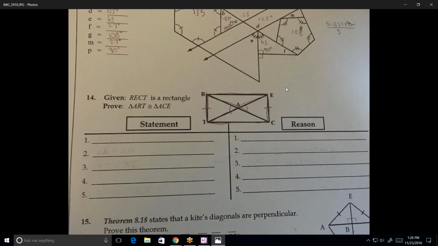Once you know that, then TA is equal to AE, and RA is equal to AC. So right there you have your side, angle, side. That's going to prove that this triangle is congruent to that triangle.